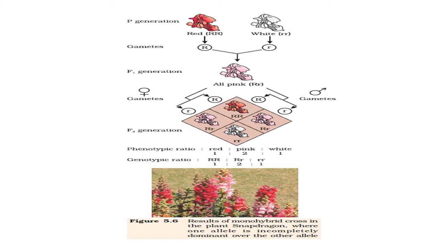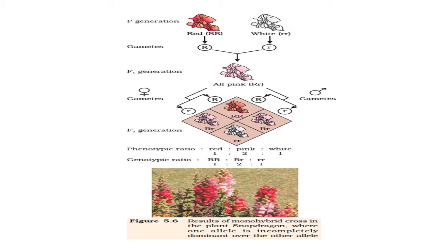So by this example we can understand that in the next generation, if the parent does not possess this characteristic, there is still a possibility in the generation through fusion of this type of gamete. So in this case, capital R small r in the F1 generation, not a single allele is dominant over another.